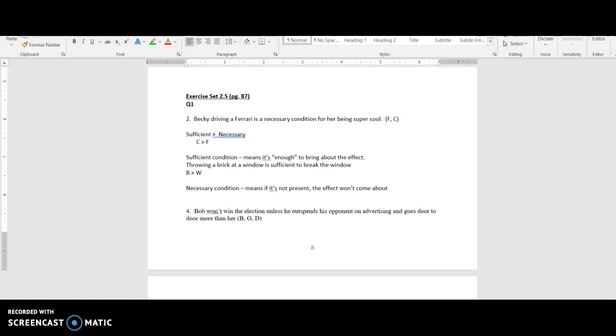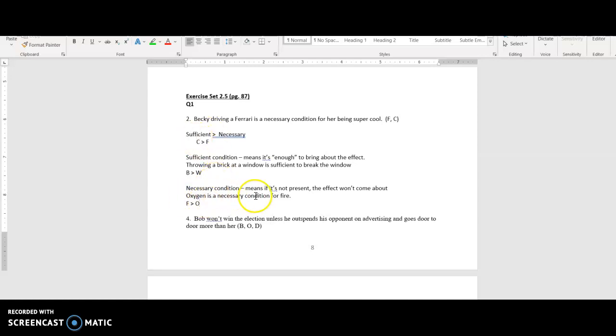So an example I use for this, oxygen is a necessary condition for fire, as we all learned back in our early science class. That means if there's fire present, you can absolutely know there must be oxygen present.